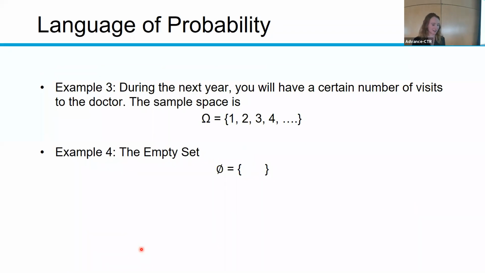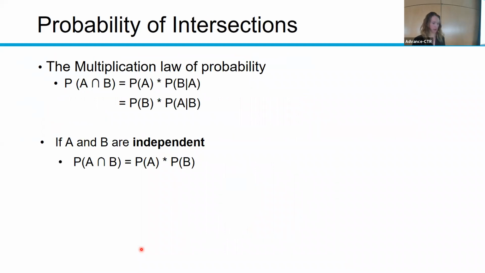Thank you. Okay, so this formula, we're looking at calculating the probability of an intersection. So calculating the probability that events A and B occur. We can use the probability of A times this conditional probability, which is the probability of B given A. We'll do more with conditional probabilities later on, but this is the probability that B happens given that you already know that A happens.